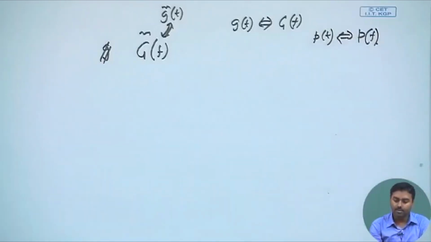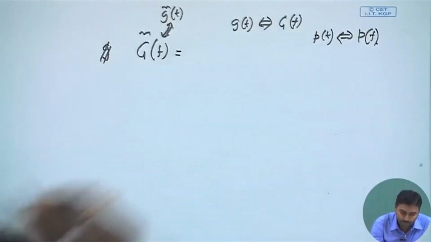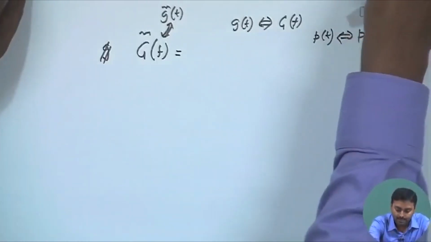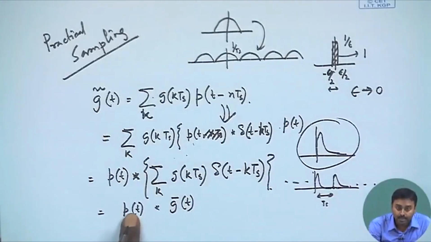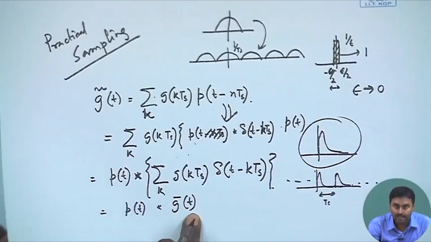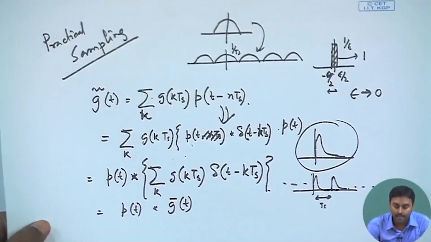Suppose we know that; for the pulse also we know the Fourier transform. If that is the case, what will be G tilde(f)? We have already proven that g tilde(t) is p(t) convolved with g bar(t). So, in the frequency domain it must be a multiplication.